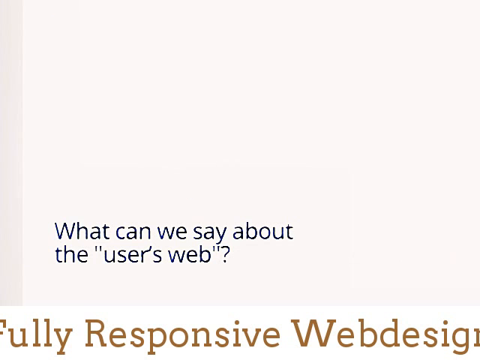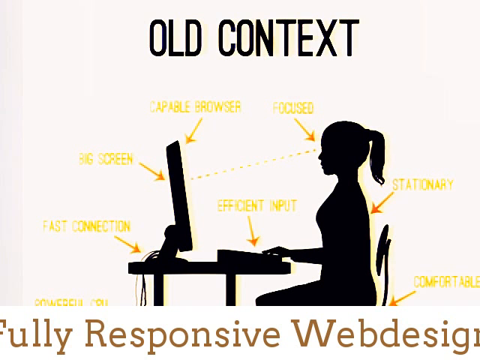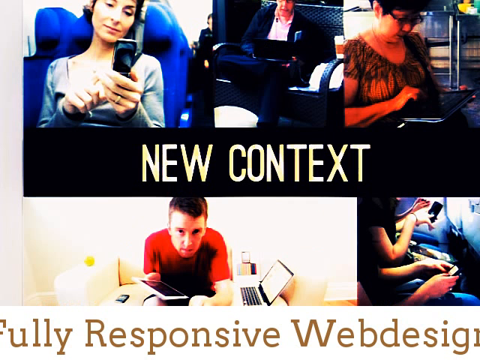Design planning. So what can we say about the user's web? This is the old context. If we start a project and we plan, you can be sure your user uses the web like this: a fast internet connection, a big screen, maybe a capable browser. That was old.